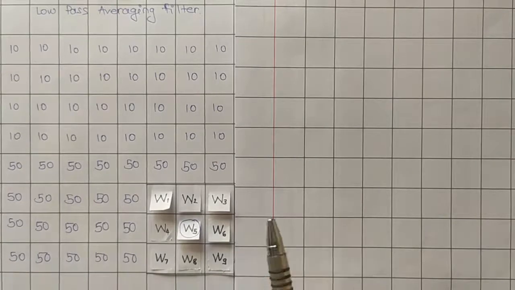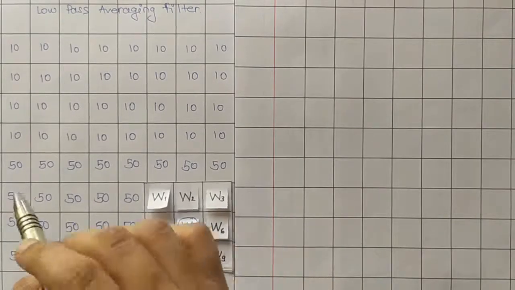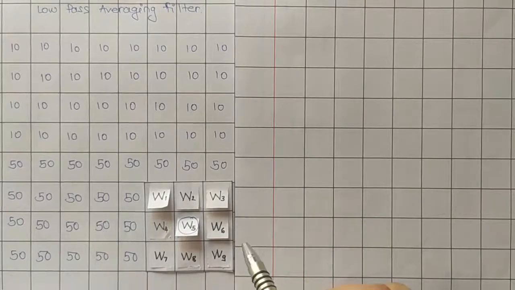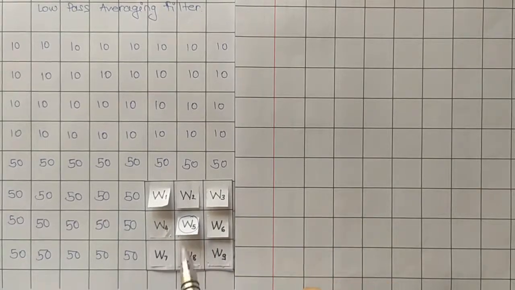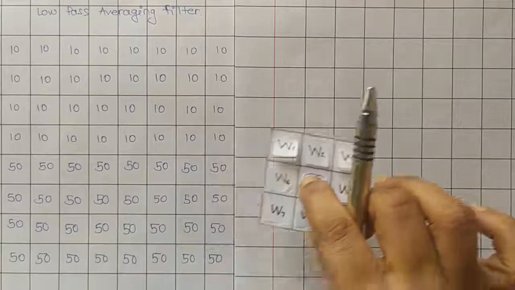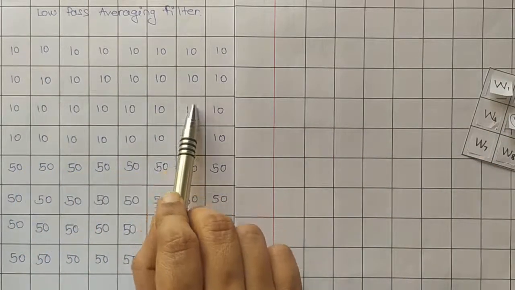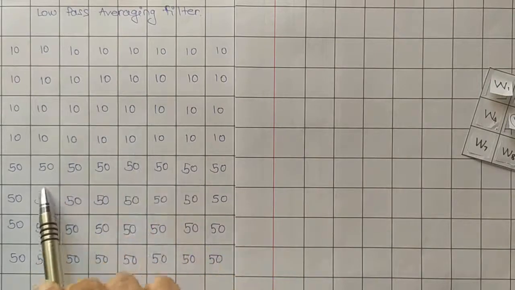But here, if you observe, after multiplying the image with this low pass averaging filter mask, only these pixels are going to be modified.